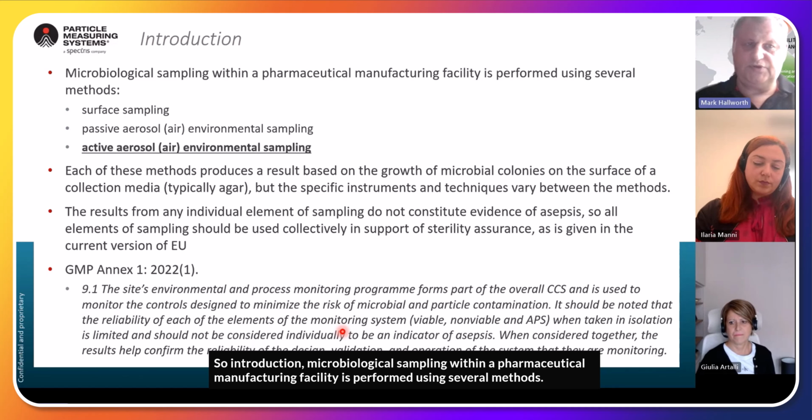Let's look at my 5 micron particles, for instance. Let's take this out of microbiology. If I have 5 micron particles, or if I have 0.5 micron particles, I'm going to align some contamination control strategy against limits that are set on those, and even the limits that are defined for my microbial sampling.